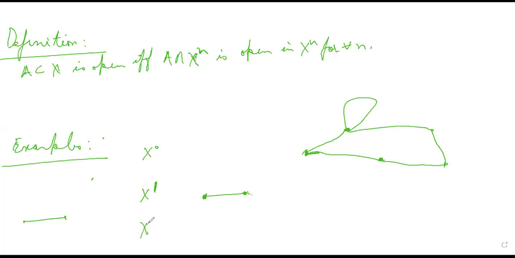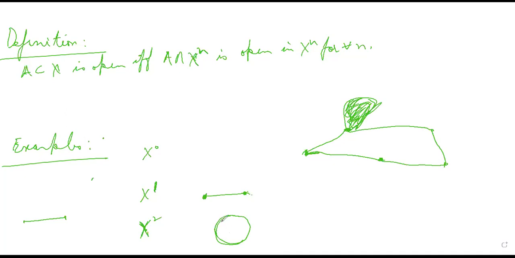Now, if you want to attach two cells, what will you do? You can take a closed disk. This boundary circle you have to map to this X1. One way is you can map this boundary to this circle like this.